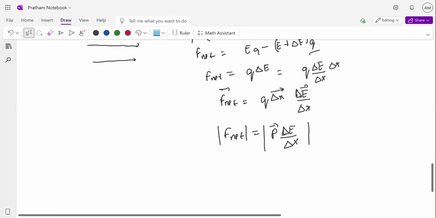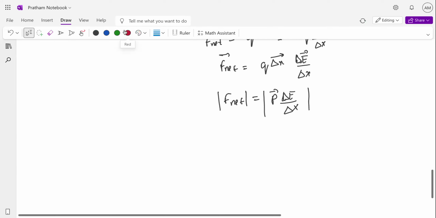Net force on a dipole in case of a non-uniform electric field. Now, if I ask you, the electric field is uniform, then what will you do? If my electric field is uniform, then this portion will come out to be zero. So I can say F net, make another case.